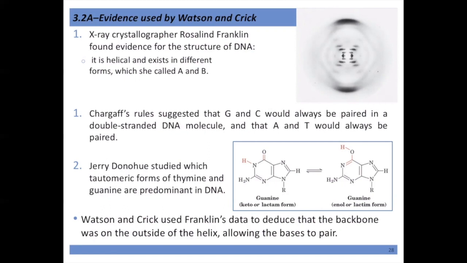So using these pieces of information, and that should be numbered 1, 2, 3, and a bunch of other information and some bad guesses by some very educated people, Watson and Crick ended up coming up with the structure of the double helix. I think it was just one of those aha moments.